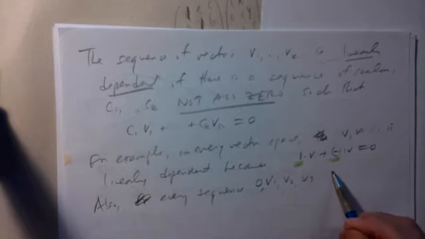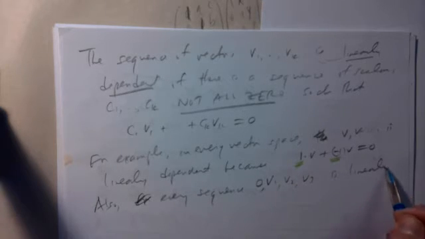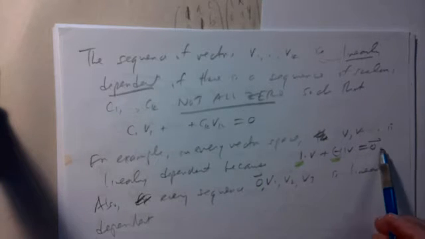Also, if you take any vectors, so for every sequence, let's say the 0 vector, v1, v2, and v3, is also linearly dependent. Let me put a little arrow over this just to emphasize that this is the 0 vector and not the number 0.